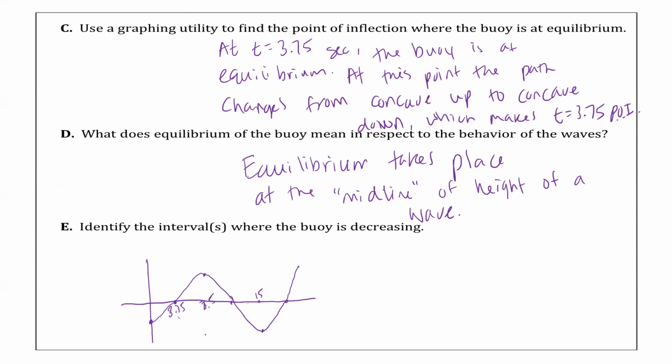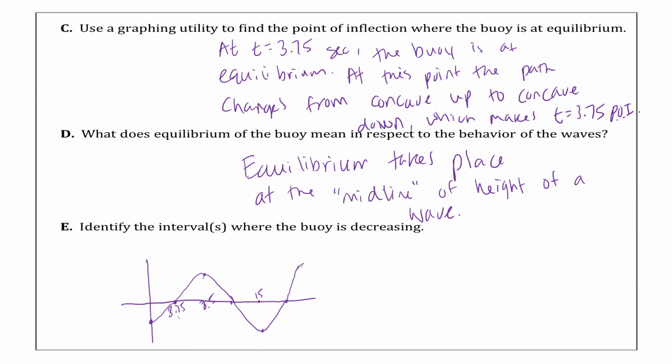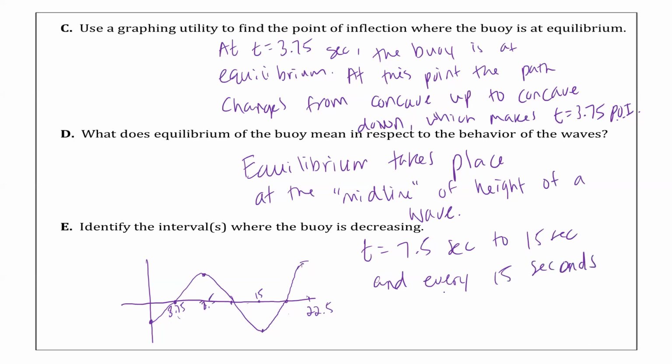But for our period of time, if we only focus right here as a positive cosine, from here to here, stopping at 22.5, we would be decreasing when t equals 7.5 seconds to 15 seconds, and every 15 seconds after. If that makes any sense.